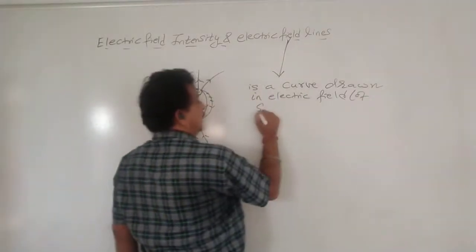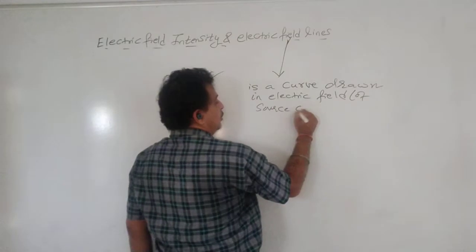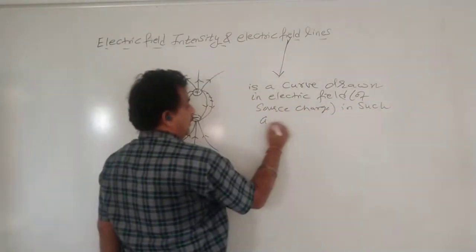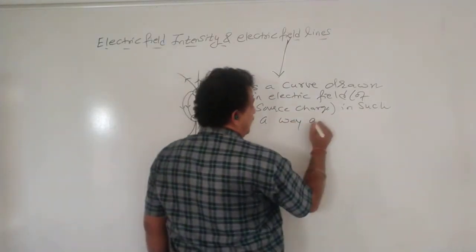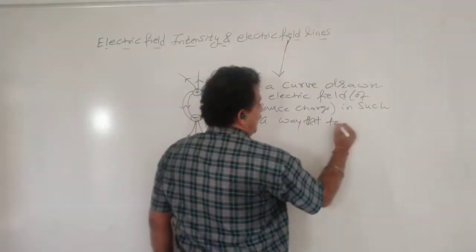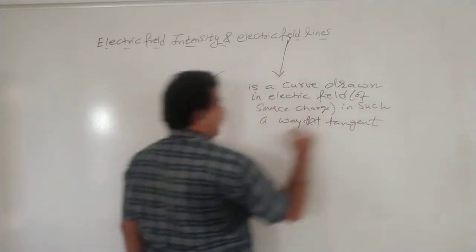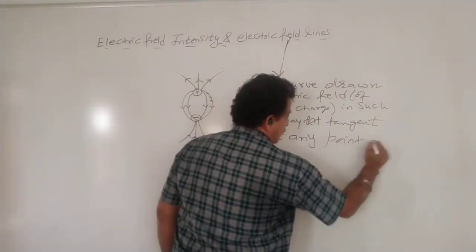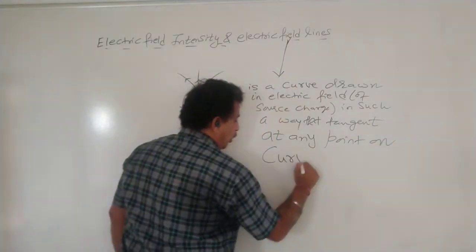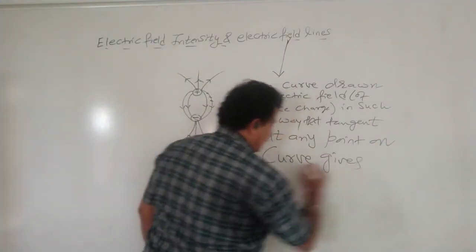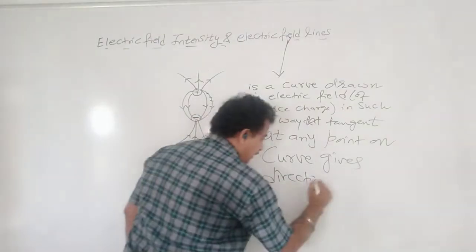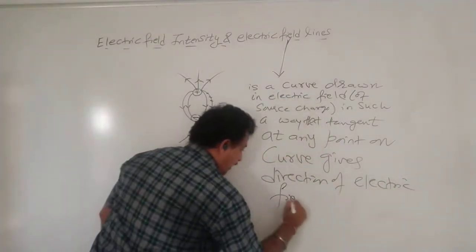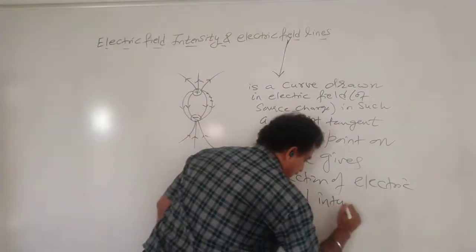Electric field किसकी होती है? Source की. Electric field of source charge in such a way that tangent at any point on curve gives direction of electric field intensity.